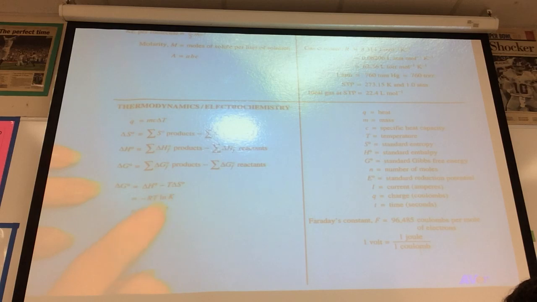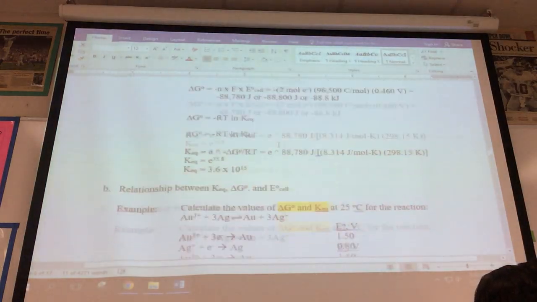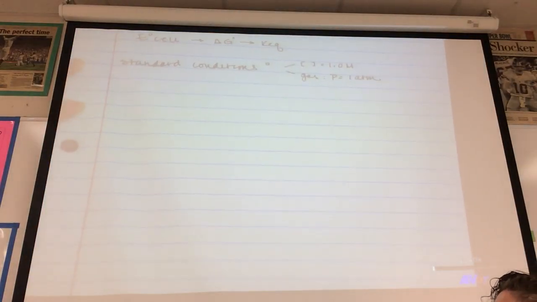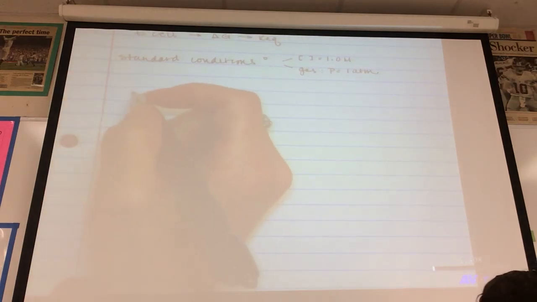You can set these equal to one another, and you can solve for Ecell very simply as we showed you initially. It will be RT ln of KEQ over NF. And all they're doing here is expanding upon it, and it is a little bit tricky. Initially, when we didn't see it provided, we thought that it was out of the curriculum, and then of course it appeared on the exam, much to our disliking.